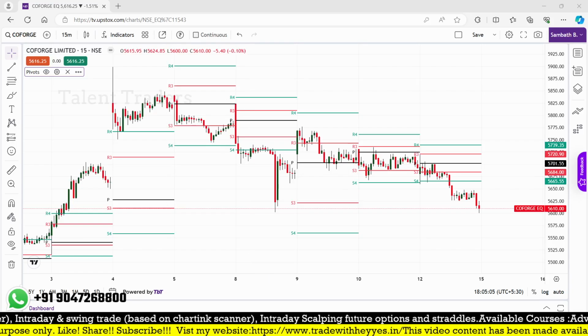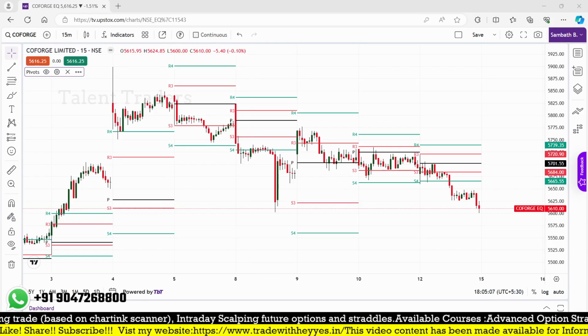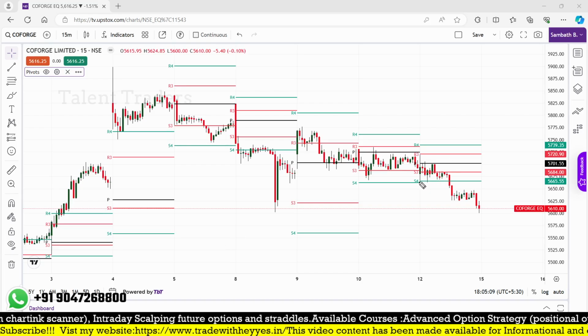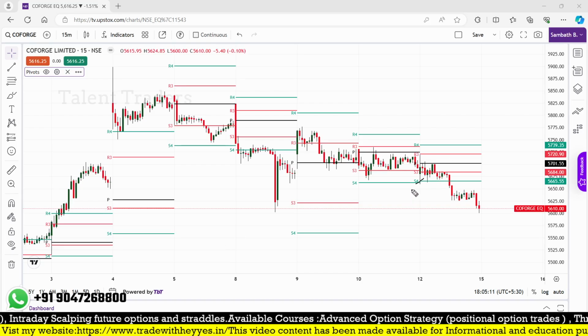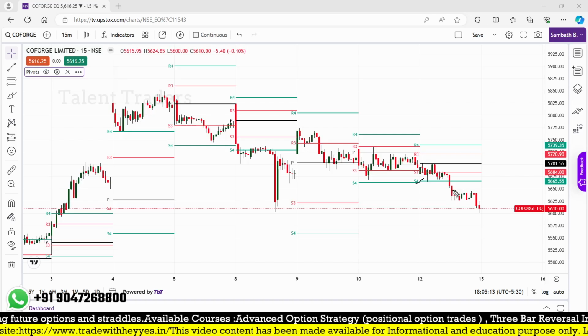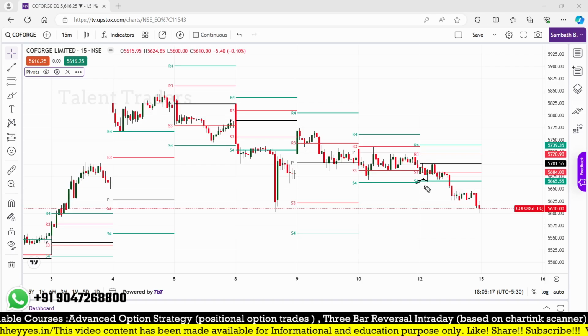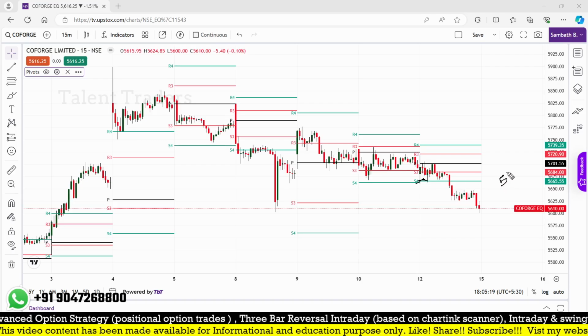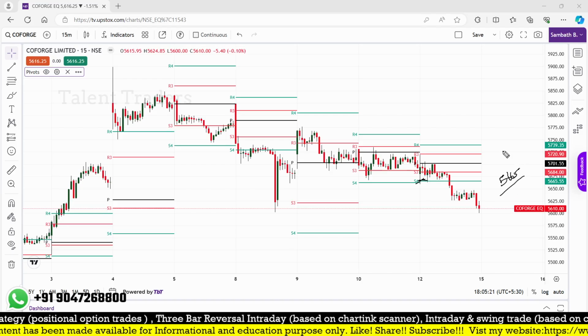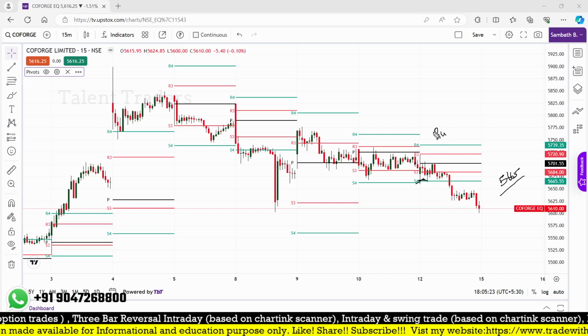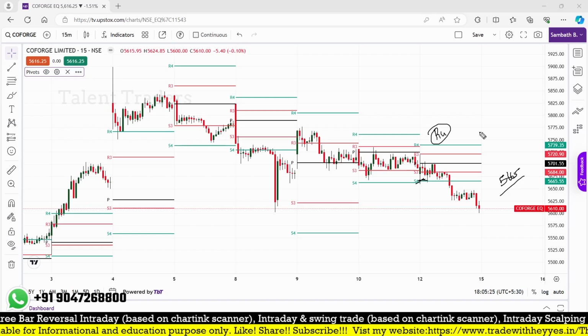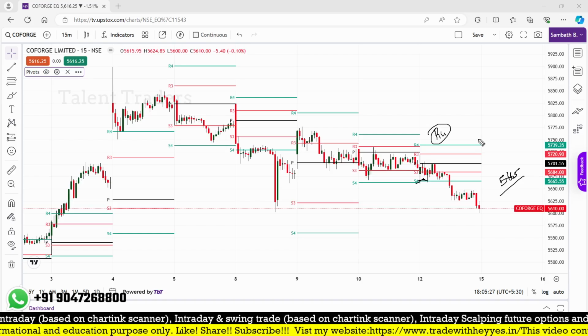The stock has given the breakdown below S4 in the first candle. Normally a close is better, but even so, I've taken it for study, a close below around 5,665. The stop loss, maybe I'll focus on R4, and it may be a positional trade; you can also utilize it for intraday.